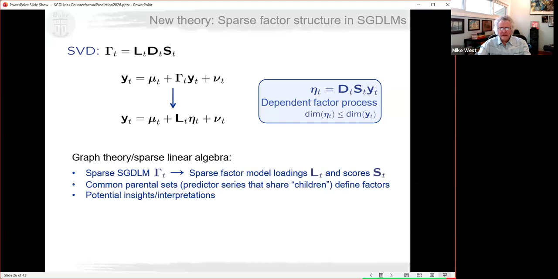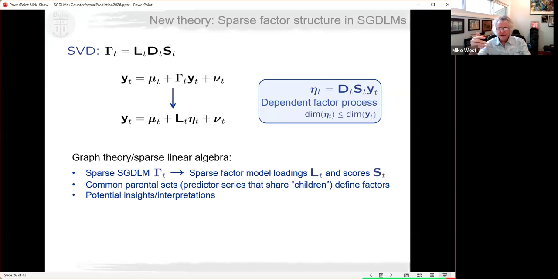And as I mentioned, typically in sparse cases, L, the factor loadings matrix, and S, typically called the score matrix, the matrix that maps Y to the factors, will be pretty sparse when gamma is sparse. And there's a nice tie-up.